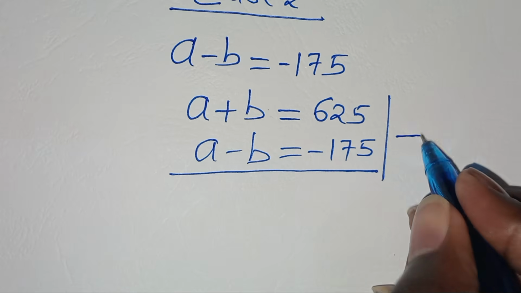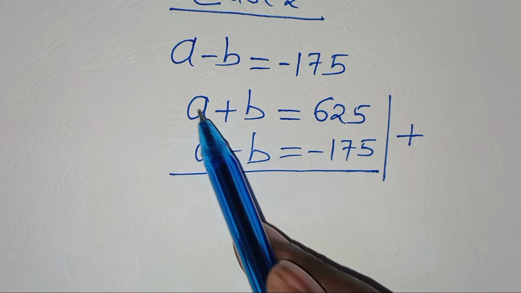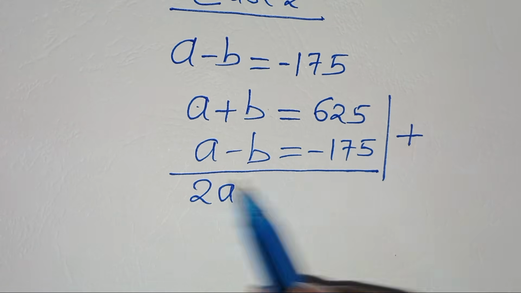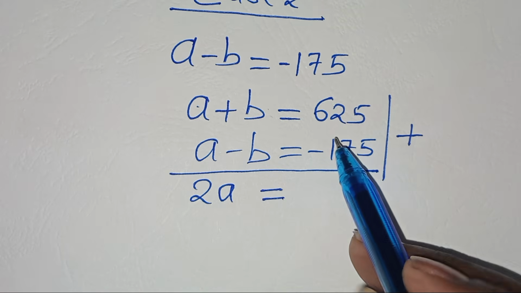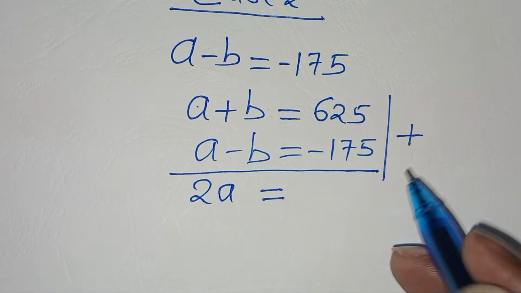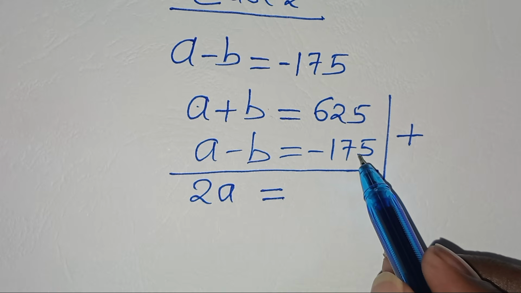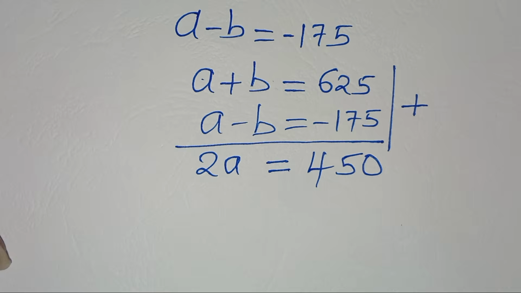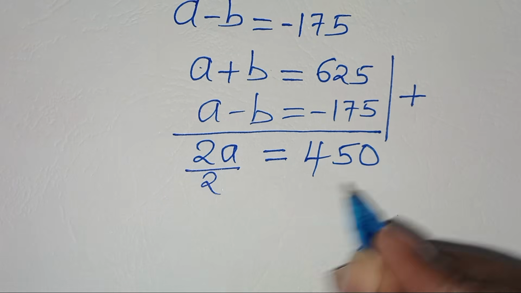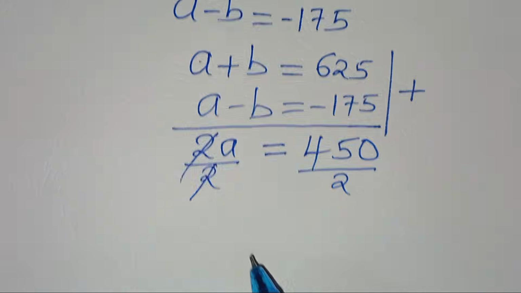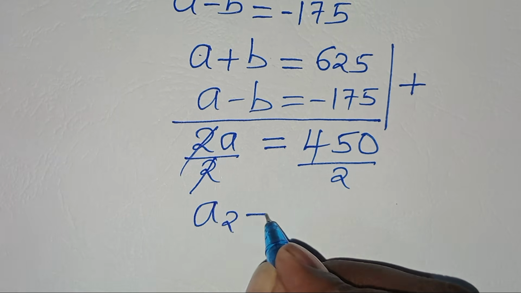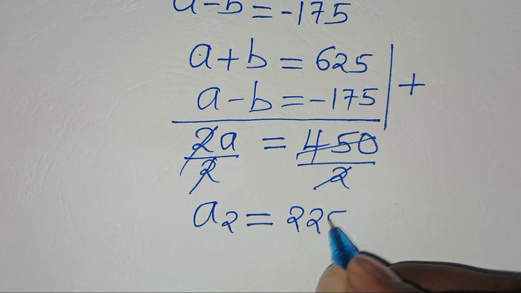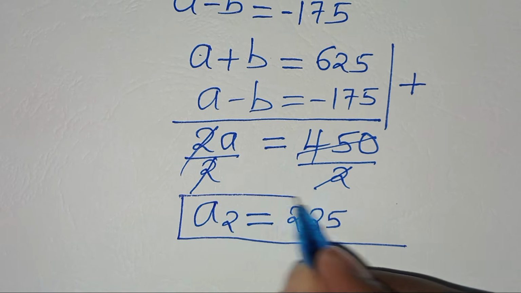So let's sum these two equations. a plus a is 2a, plus b plus minus b simplifies, then we have 625 plus 175, which is equal to 450. So let's divide both sides by 2, so that we have the value of a2 equal to 450 divided by 2. This is 225. So this is the value of a2.